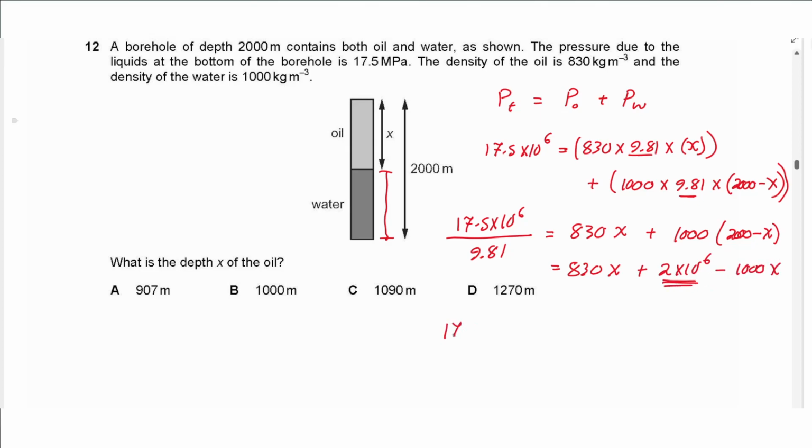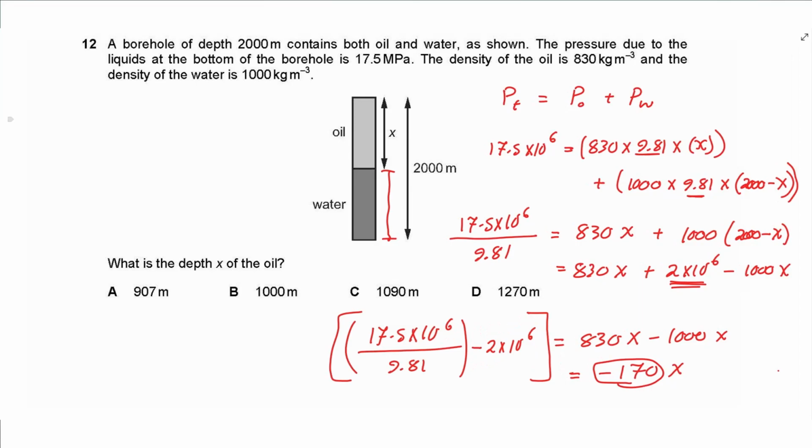So we have 17.5 times 10 to the power of 6 over 9.81 minus 2 times 10 to the power of 6 is equal to 830x minus 1000x. That's negative 170x. So we divide this bracket by negative 170. You get an x value for this depth of 1271, which is approximately 1270 meters. So the answer is D.